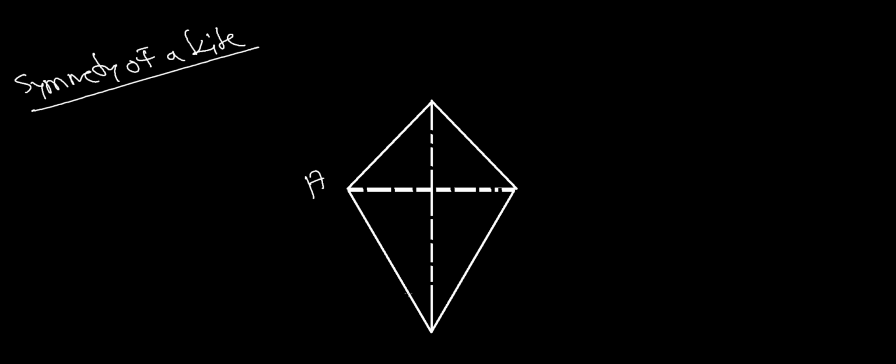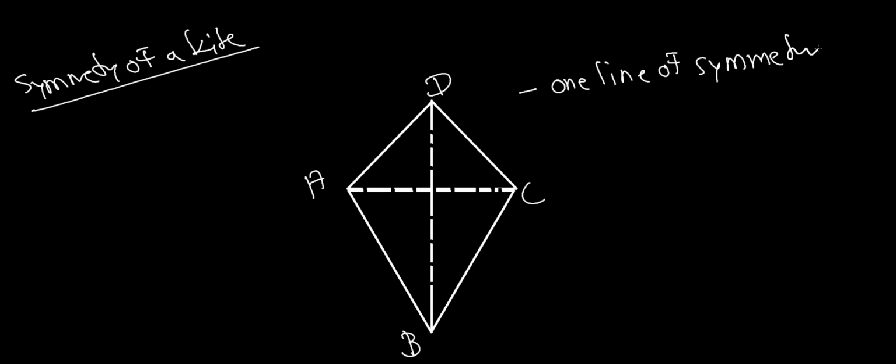We label it A, B, C, and D, and here the kite has one line of symmetry. This is that line, along its diagonal, and in this figure the diagonal of the kite is BD.